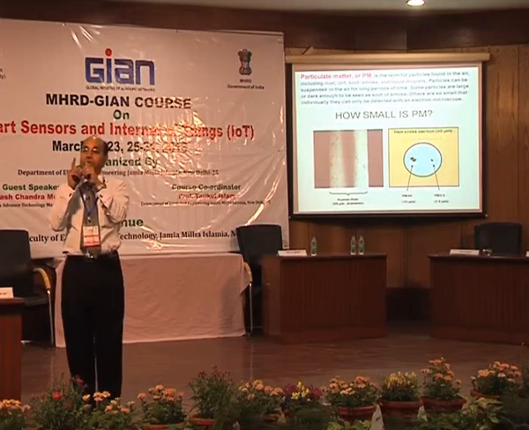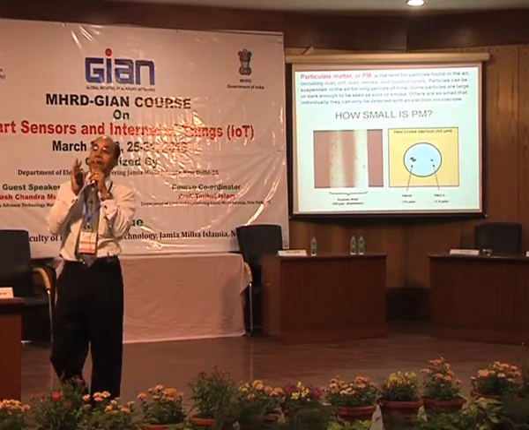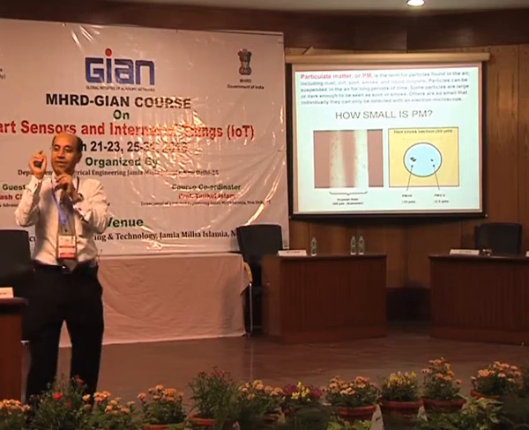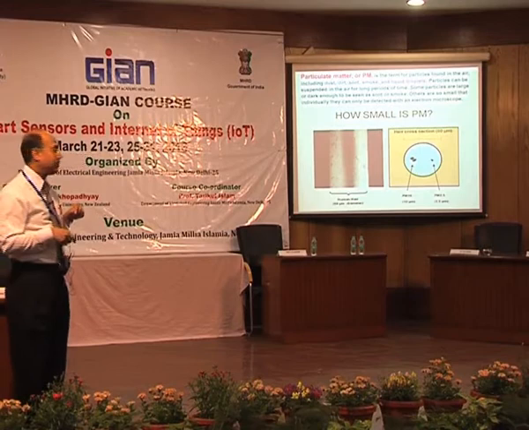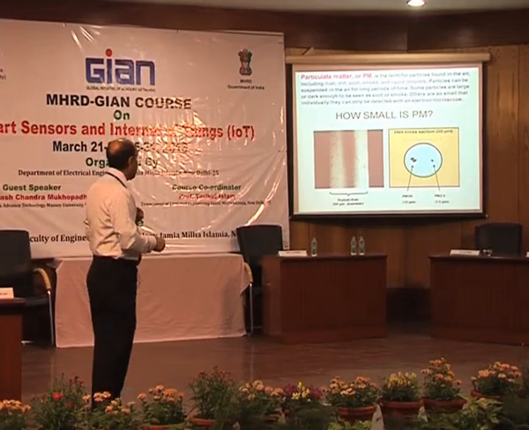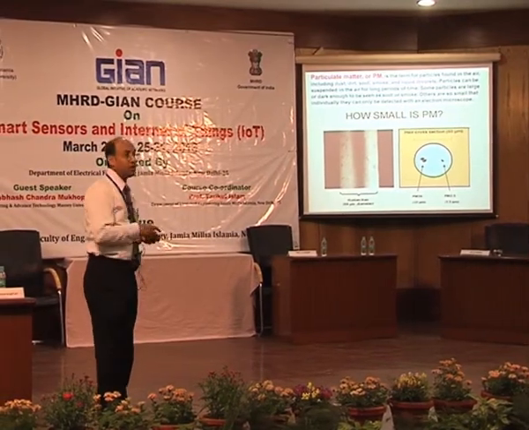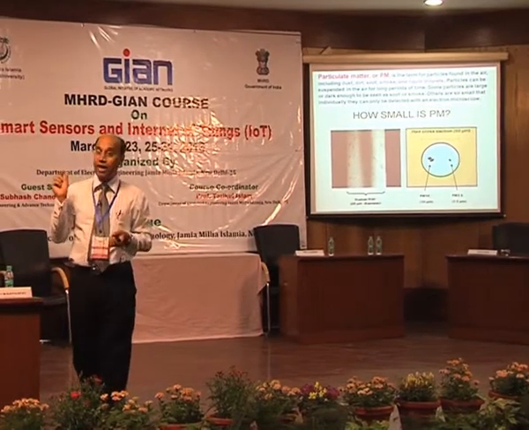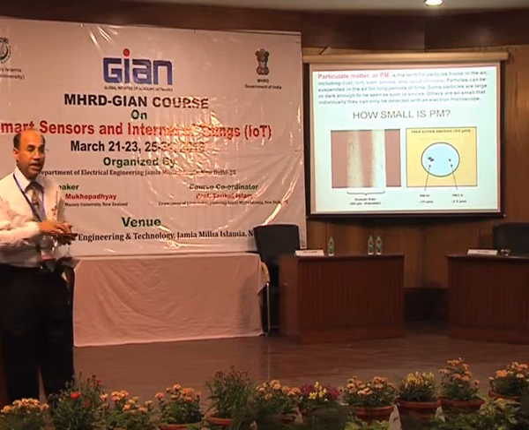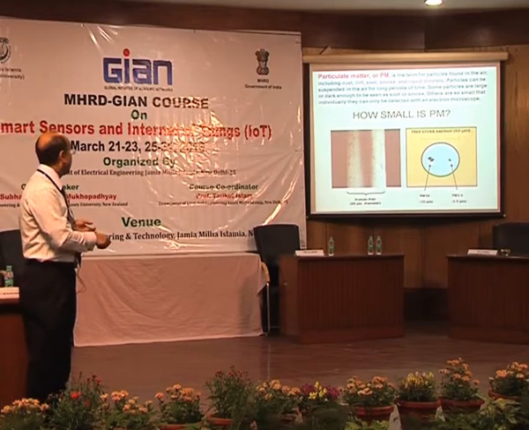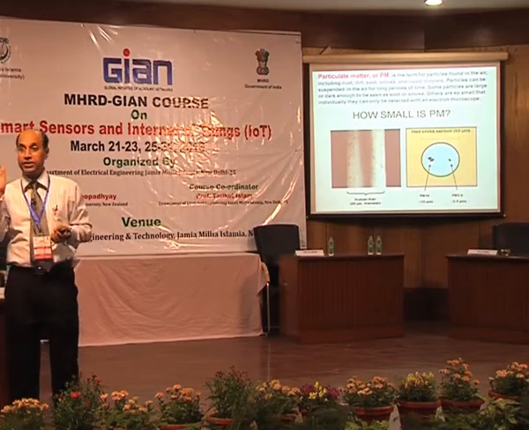If you take the diameter of a hair, it's around 60 micrometers. Of course, somebody might have a little thicker hair, okay, but usually 60 micrometers is the average thickness of hair. If the particle diameter is 2.5 micrometers, that is qualified as PM 2.5. There is also PM 10, where the diameter is 10 micrometers.